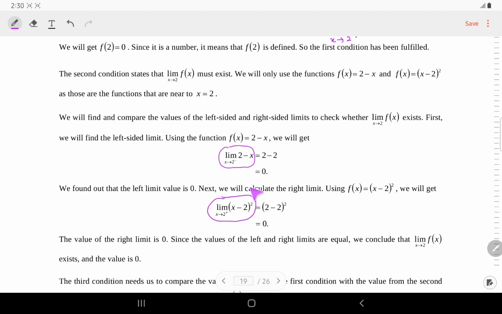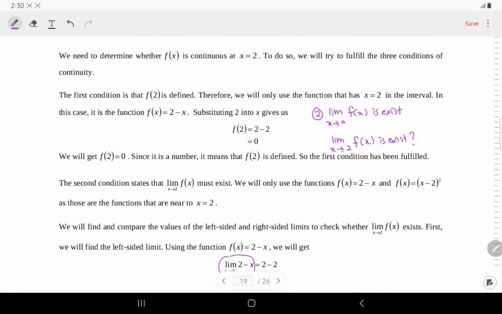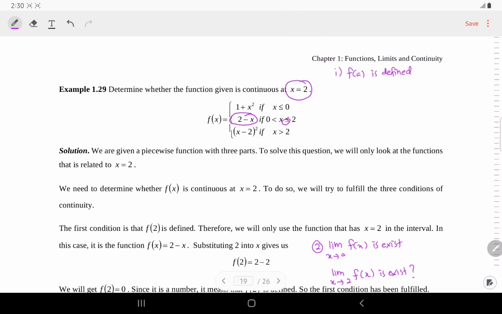So why is it like that? This is because we have the function in terms of a piecewise function. The first function, 1 plus x squared, is for the value of x less than or equal to 0.